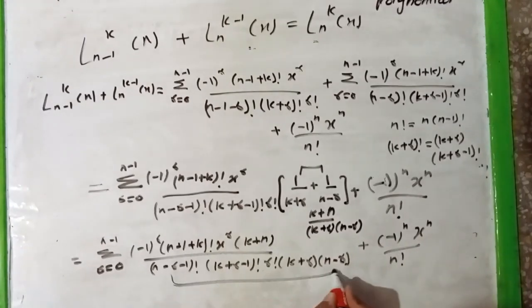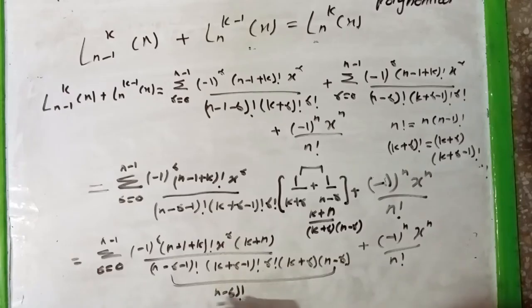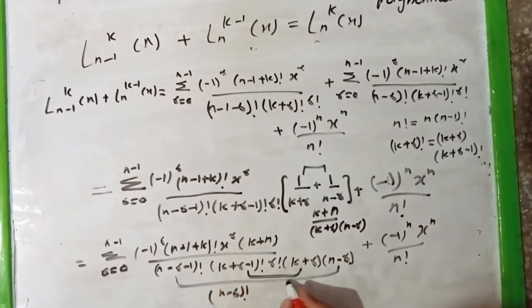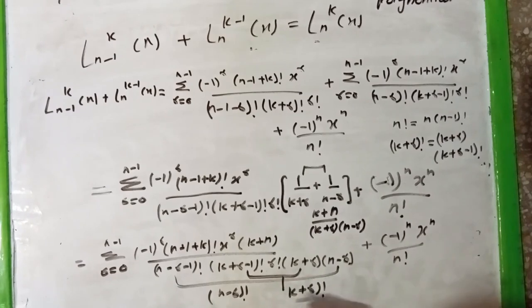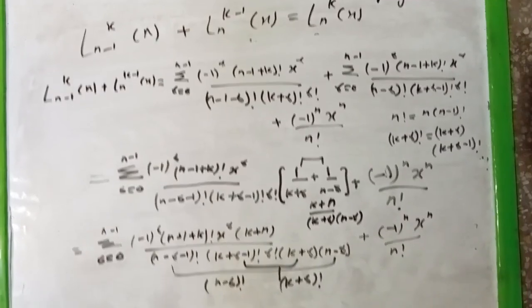This term and this term combine and are equal to n minus r factorial, and this term and this term combine and are equal to k plus r factorial.